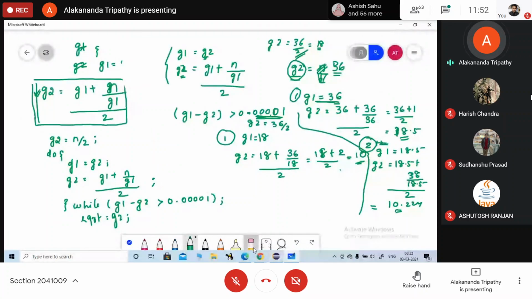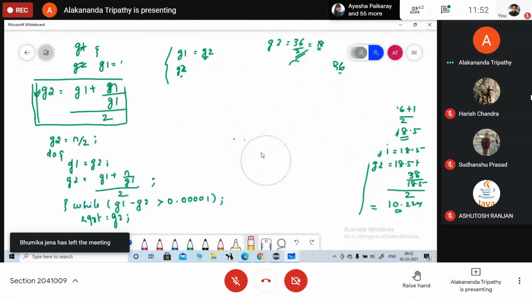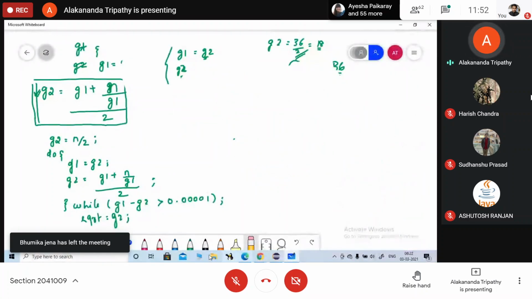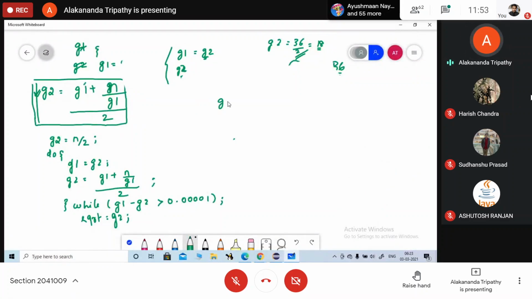I'm just writing the formula here. For the kth root, the formula is k minus 1 into G1 plus n by G1 to the power k minus 1, whole divided by k.